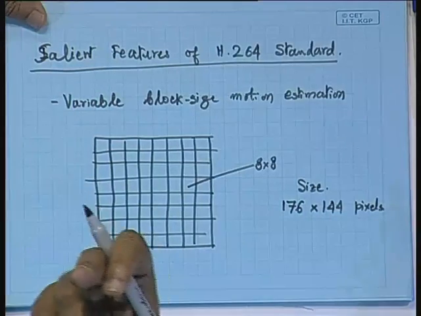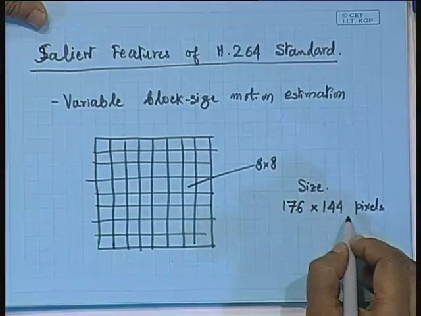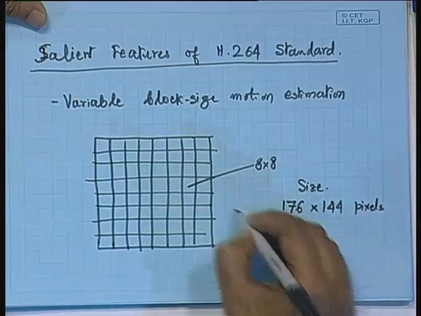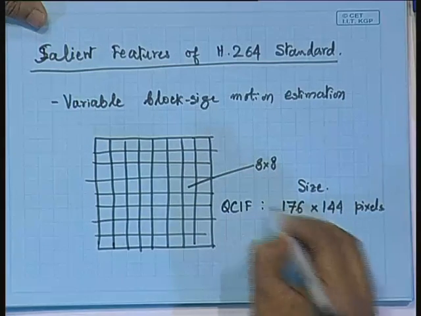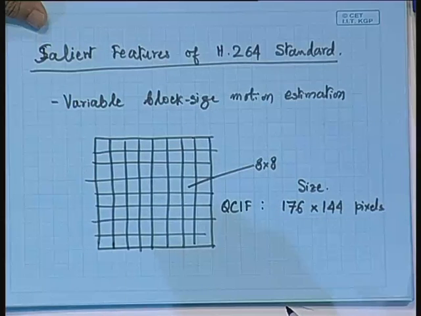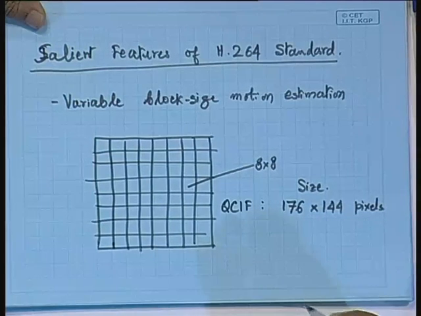What you are observing in your video phone screens is of this size 176 by 144, that is the typical resolution. This is referred to as quarter common intermediate format, or QCIF, which is the standard size that is adopted.